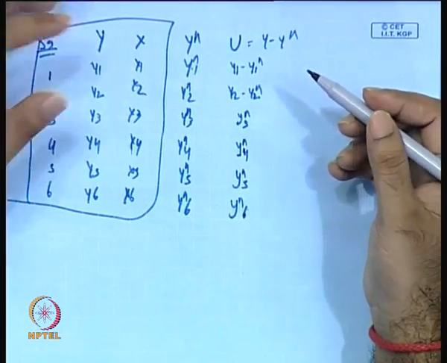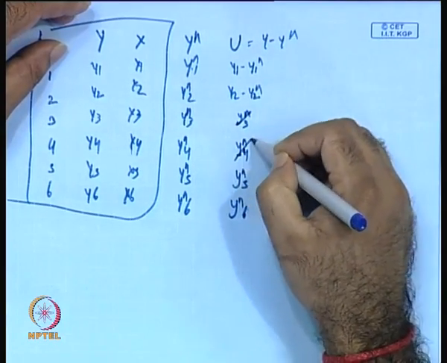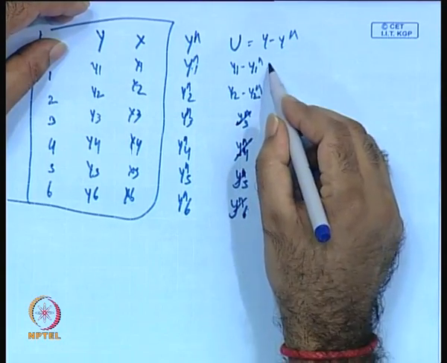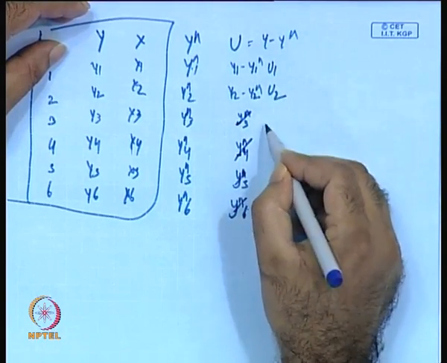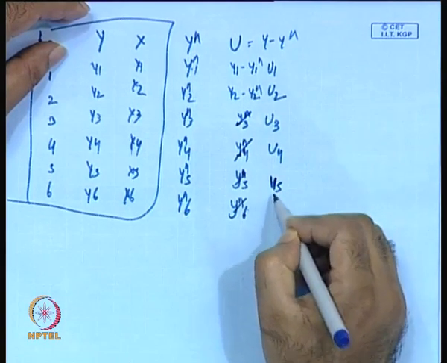So this is u1, this is u2, then u3, u4, u5, u6.